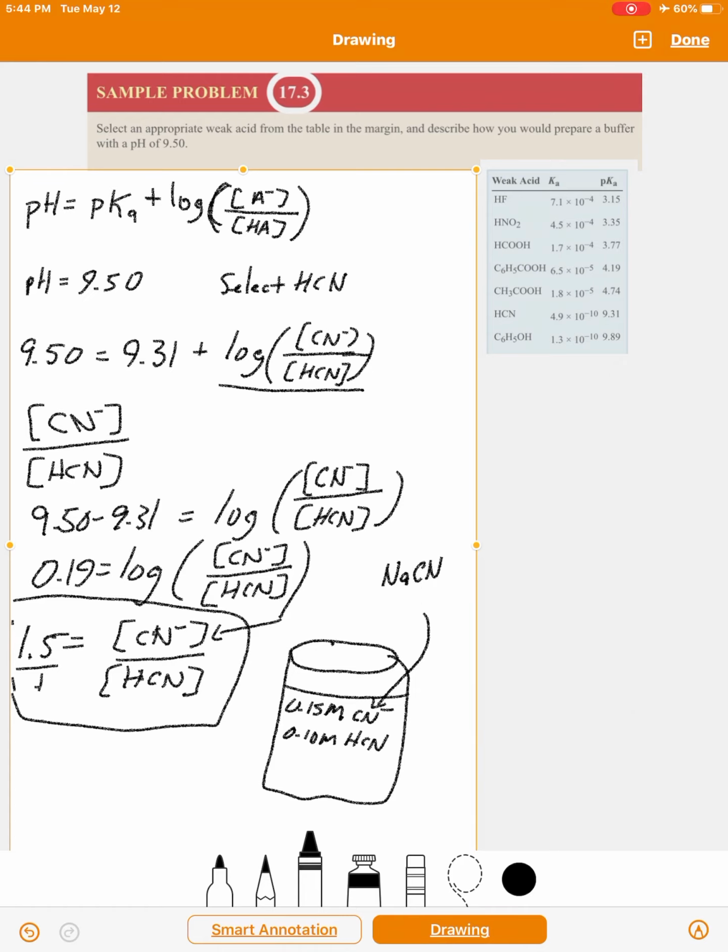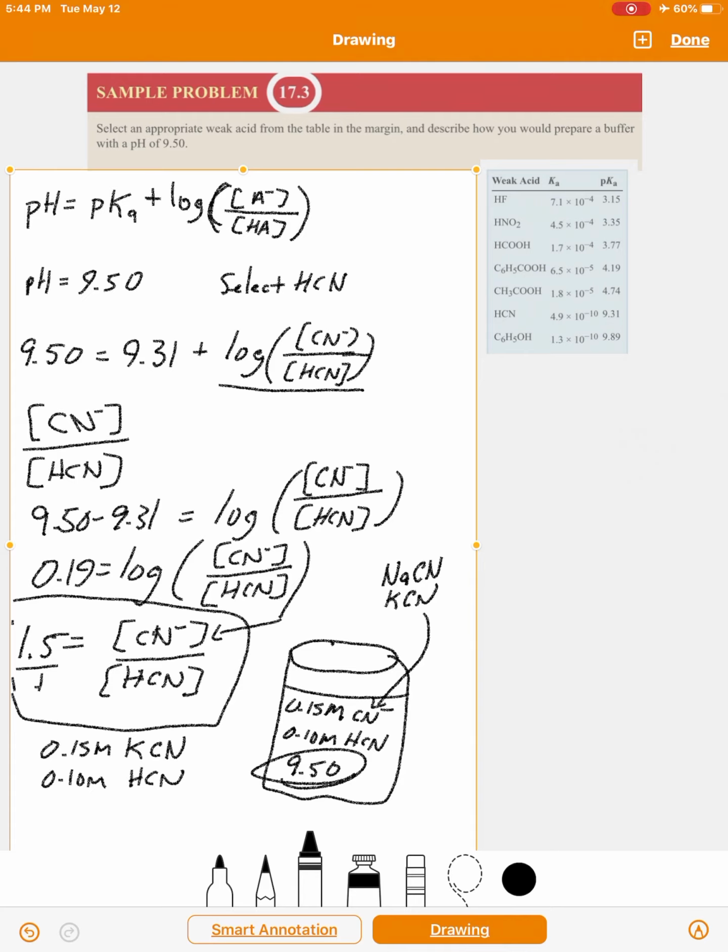So you would purchase sodium cyanide or potassium cyanide. Those two salts would dissolve into water and give you CN minus. So we could use 0.15 molar KCN and 0.1 molar HCN, and that would give us a pH of 9.50.